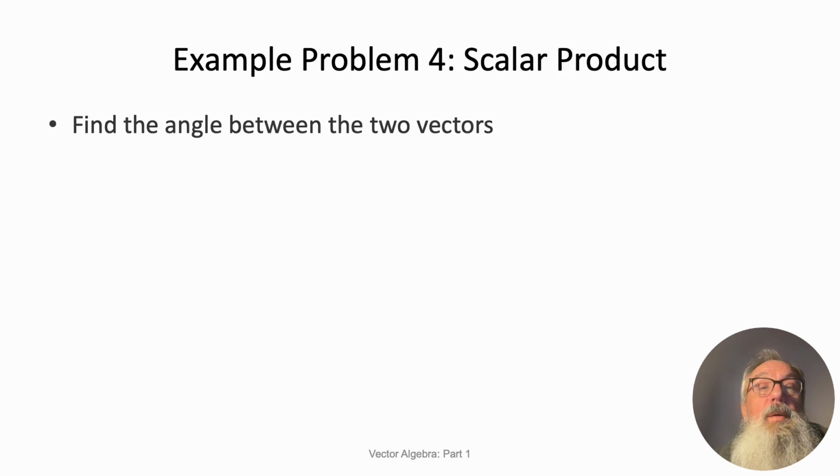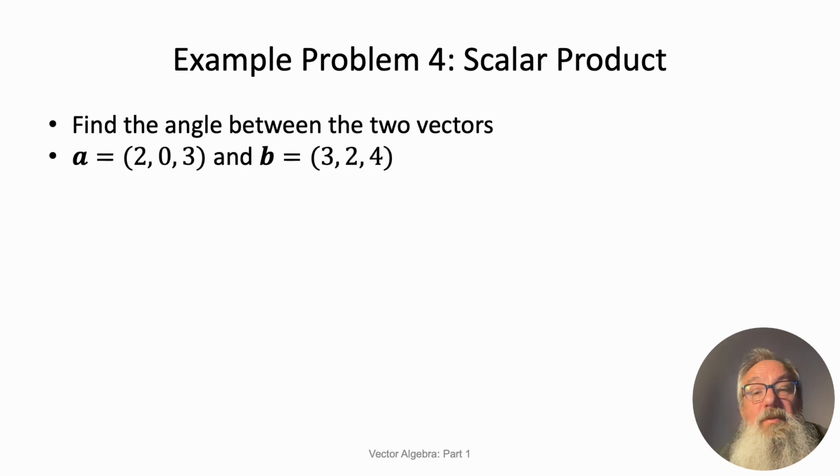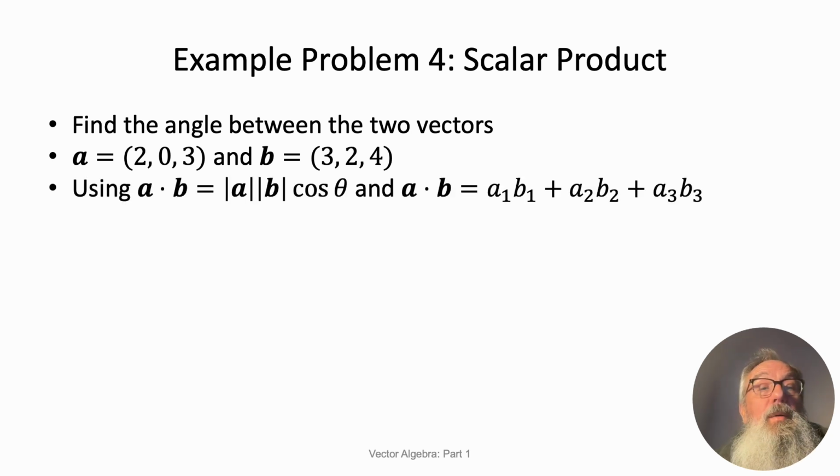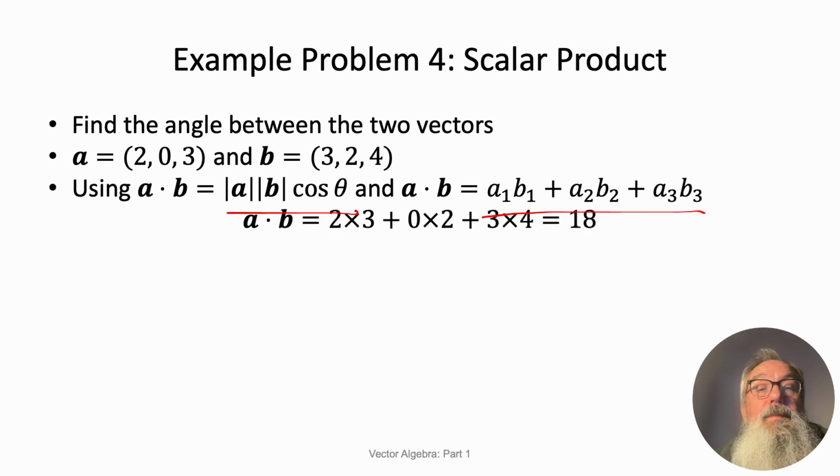Let's have a look at the example of the scalar product. Find the angle between two vectors. Well, this is quite trivial, but a typical calculation. Two vectors. Let's do the scalar product, the dot product. We've got it in component form, we've got it in Cartesian form.